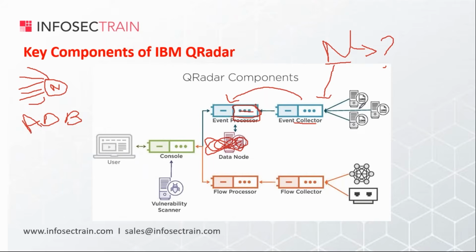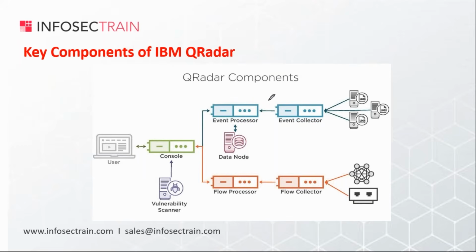But if we have large sets of data being received, we can have an external data node, which can be a separate storage facility apart from the event processor's storage, where your Ariel database can store those logs. So first step, it receives the logs; second, it stores the logs; third step, it correlates the logs.